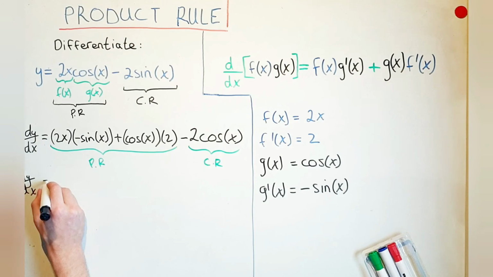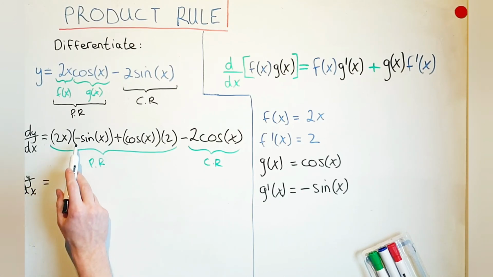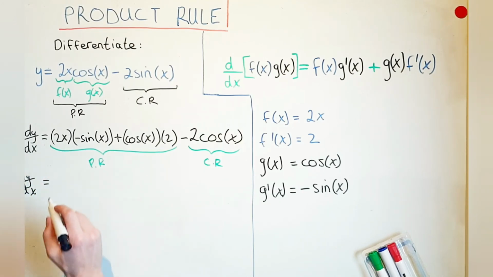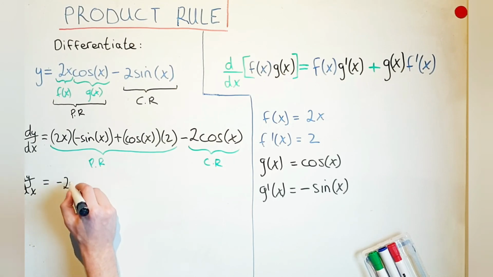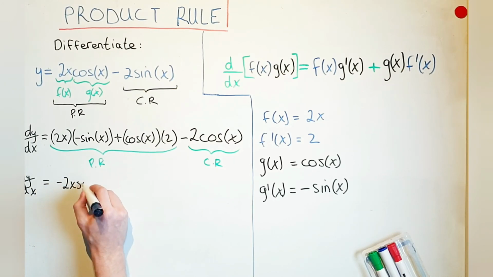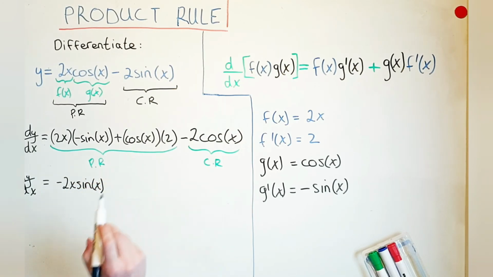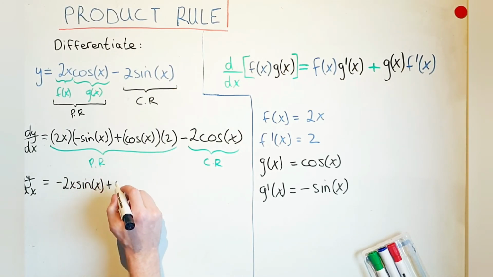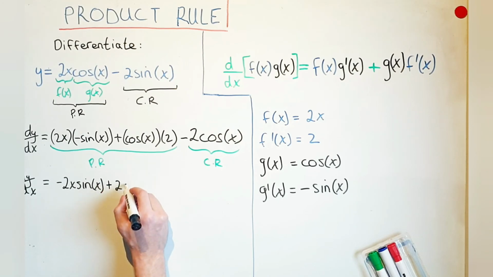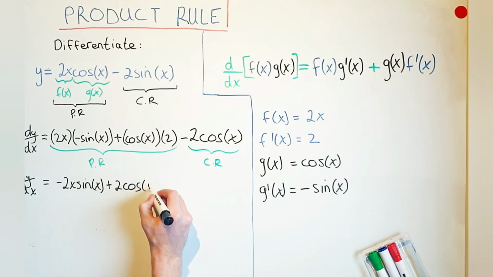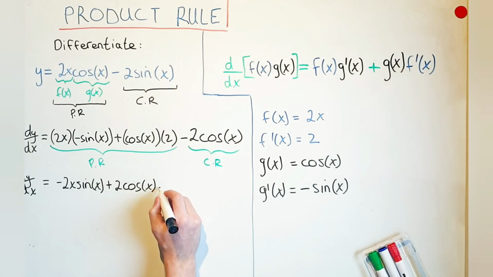So dy dx is equal to, we just move this negative sign to the front, so that's just going to give us a minus 2x sine x. And this here, we just move the 2 to the front by convention. That's going to be 2 cosine x. And then we can't simplify this anymore.